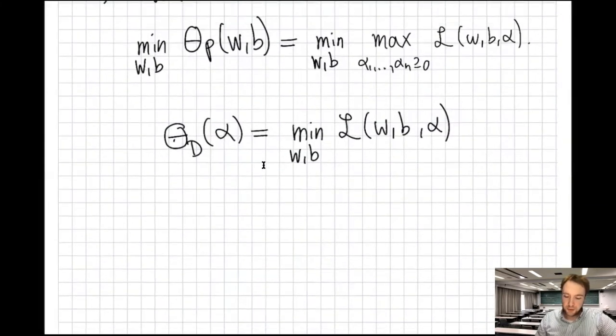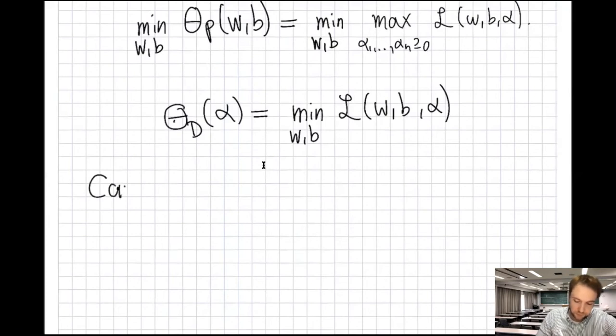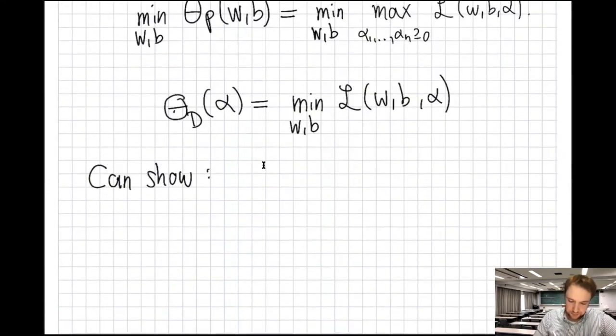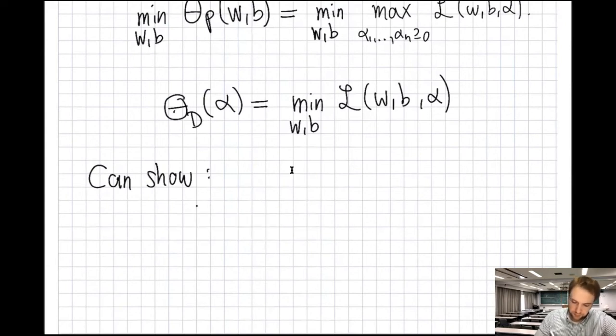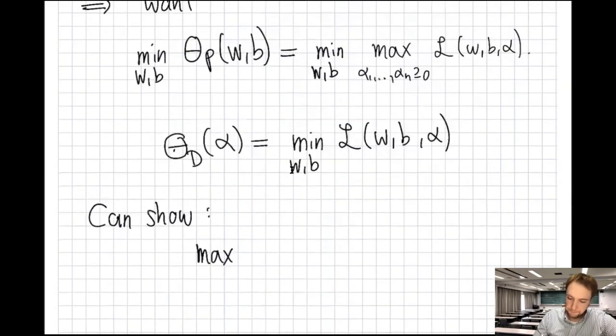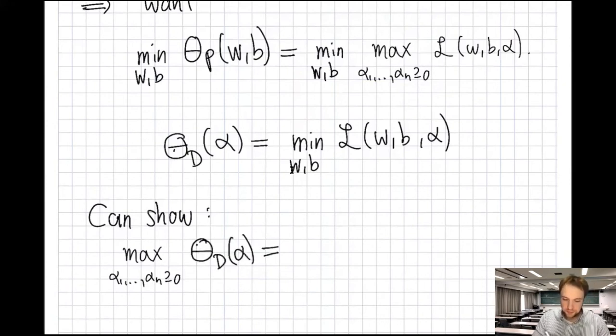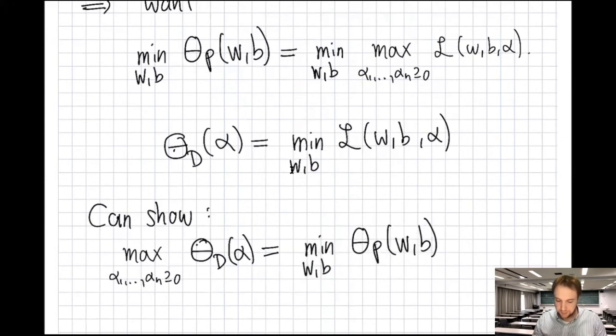And the statement is, one can show that the maximum over these alphas of this dual problem will give the same value here.